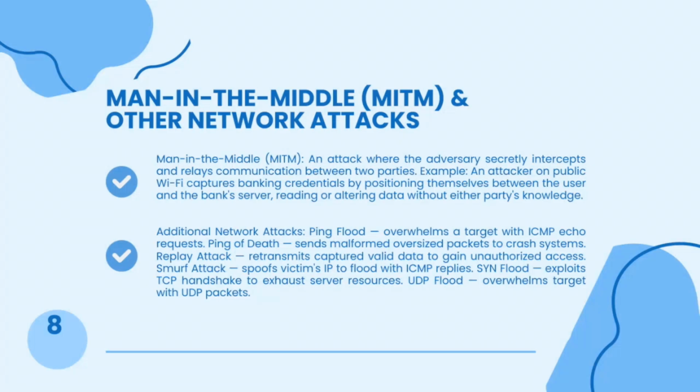Let's look at some common network attacks that can disrupt or compromise systems. A ping flood overwhelms a target with rapid ping requests, while the ping of death sends oversized packets that can crash devices. Replay attacks capture and resend valid data to sneak in unauthorized access. Smurf attacks use spoofed IPs to flood victims with replies.